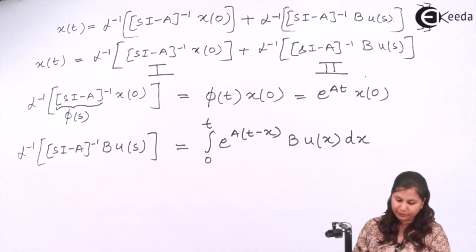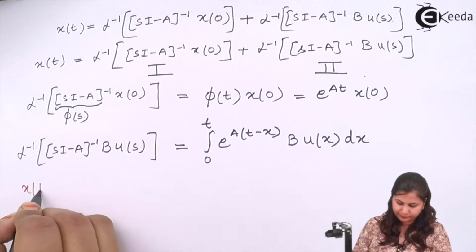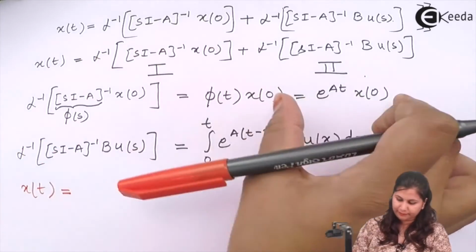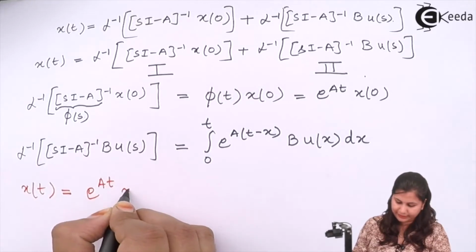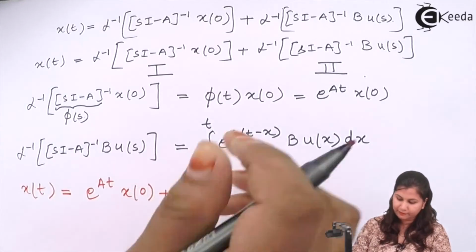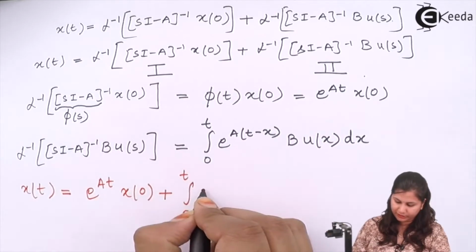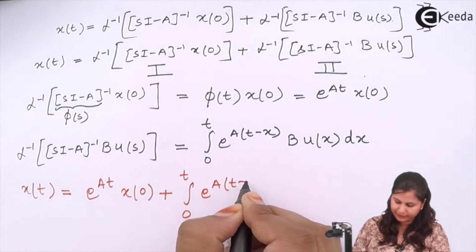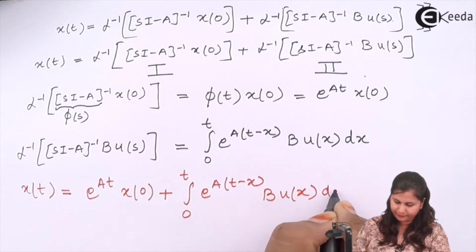So our complete solution will become x(t) equals e raised to the power At x(0), which is the inverse Laplace transform of the first part, plus the integral from 0 to t of e raised to the power A(t minus tau) B u(tau) d tau, which is the inverse Laplace transform of the second part.